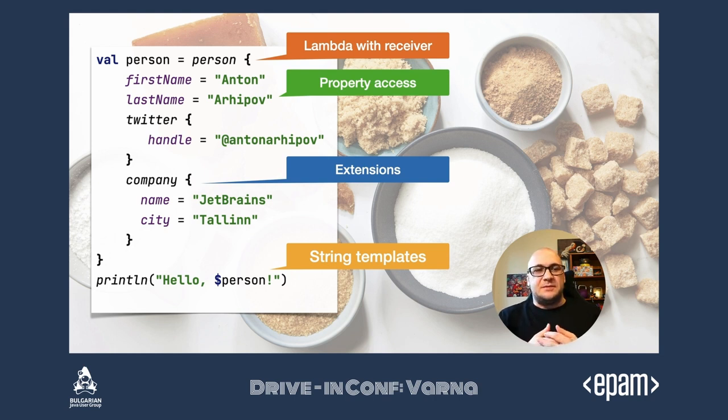And we can see a few language features in there already, like lambda with receiver, property access instead of setters or getters, extension functions, string templates. We are going to talk about those features later in the presentation, but this is the example I want to show you immediately so that you get a feel of how idiomatic it could be.